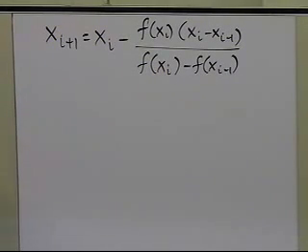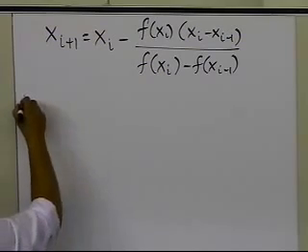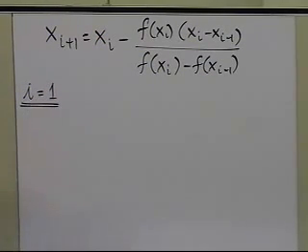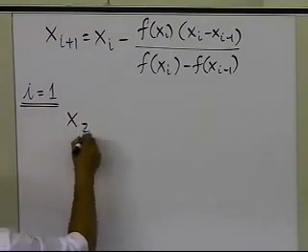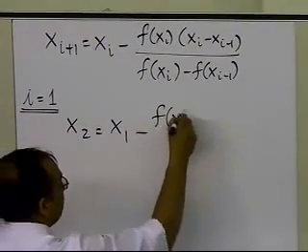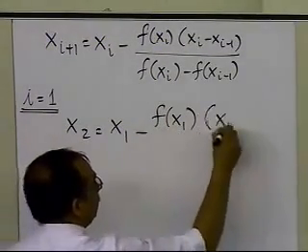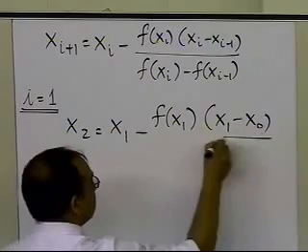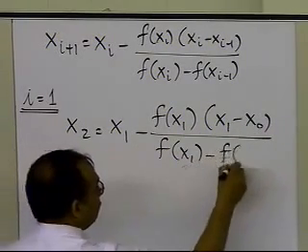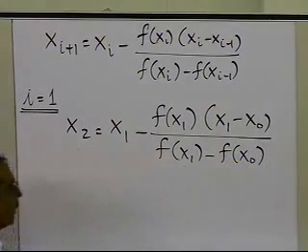And what we want to be able to do is use this general formula to conduct our 2 iterations. So let's suppose i is equal to 1. What do I get from here? I get x2 is equal to x1 minus the value of the function x1 times x1 minus x naught divided by the value of the function x1 minus the value of the function at x naught. That's what I get here.